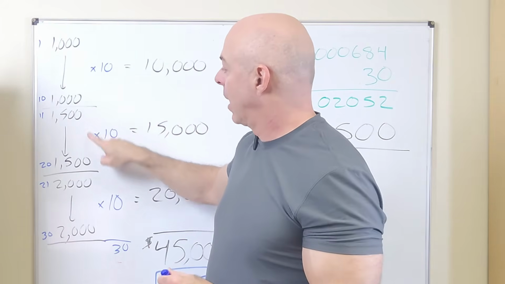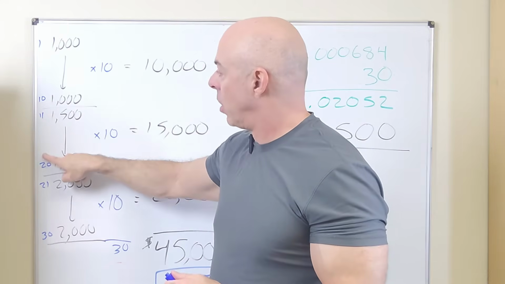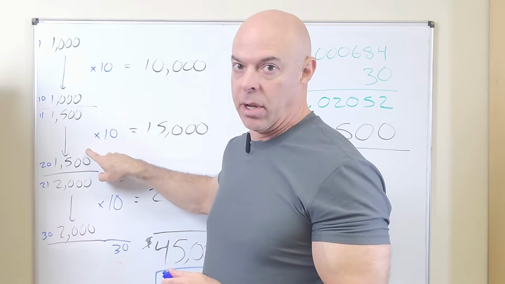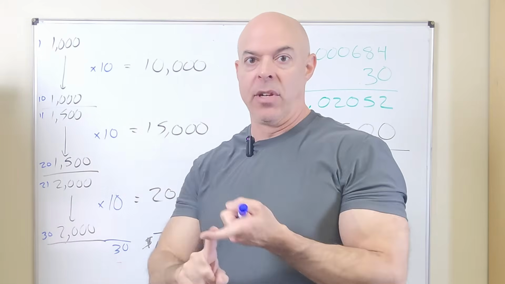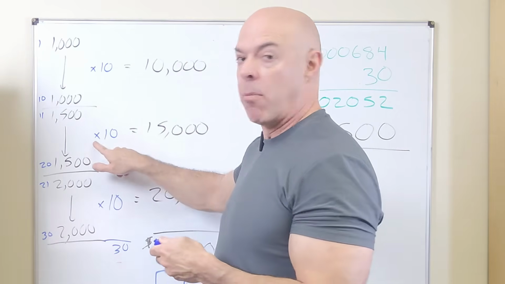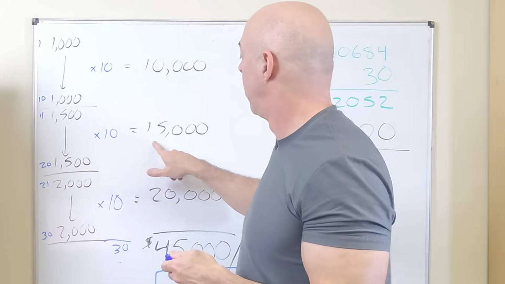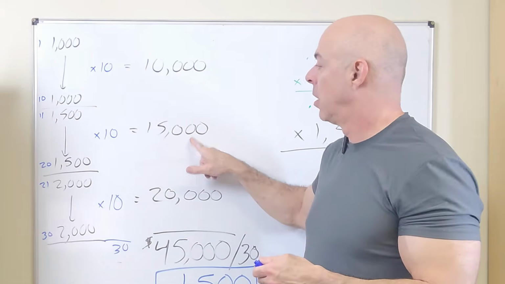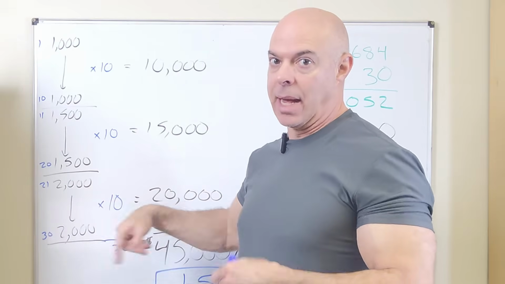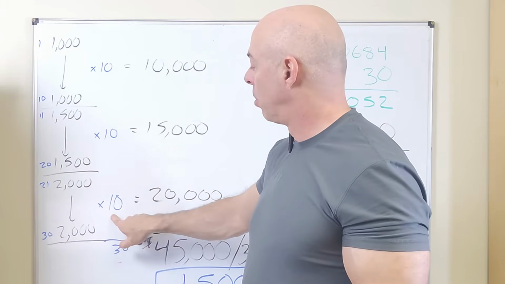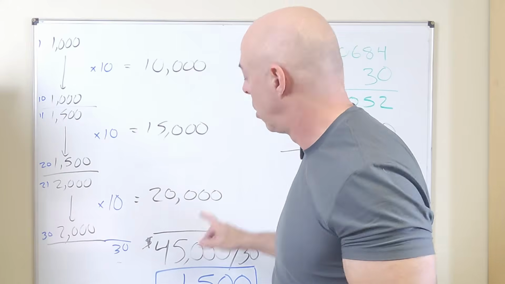Okay, the second 10 days, 11 through 20, we had $1,500. Multiply that by 10, because it was 10 days of 1,500. It's like 1,500 plus 1,500 plus 1,500. Multiply it by 10, and we're going to yield 15,000. Last 10 days was $2,000 every day. Again, add it up 10 times, or multiply by 10, and you've got 20,000.